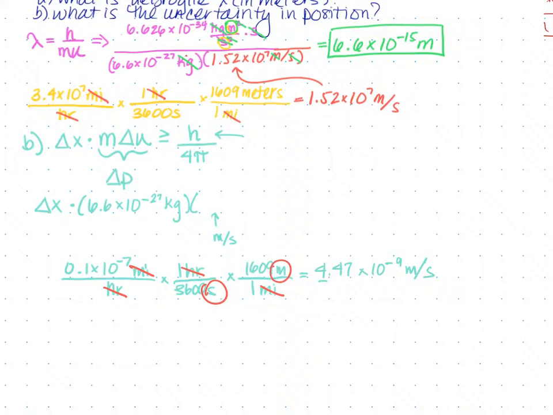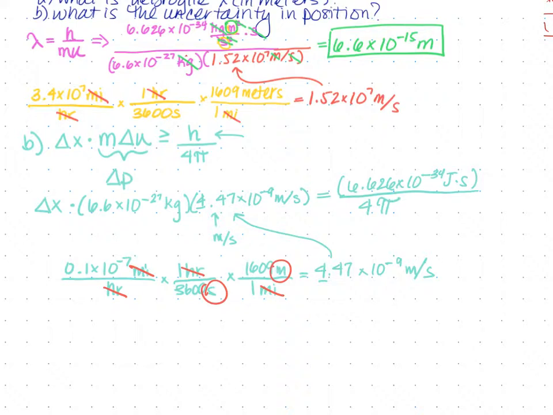Great, so now I'm going to take this number and plug it in here. I know that's greater than or equal to, so I'm going to set this equal to Planck's constant, joules times second, over 4 pi.